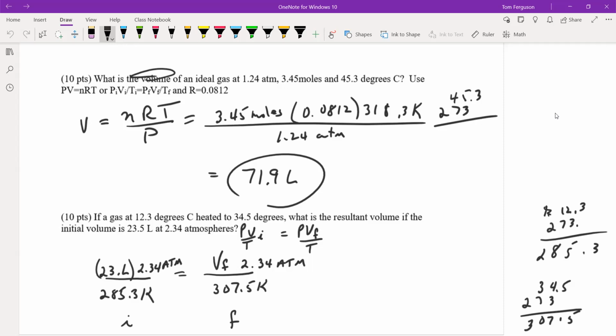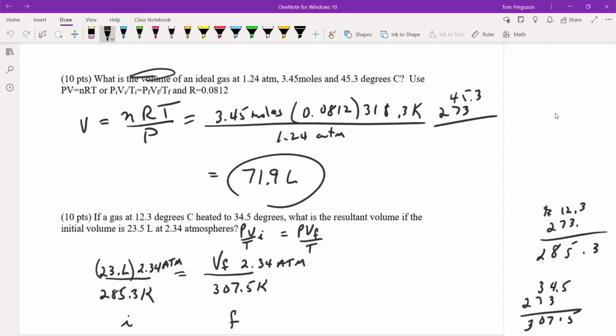Now, how can we simplify this problem? If we divide both sides by 234, the 234s go away. They basically cancel out. So we don't have to worry about the atmosphere. We just have to worry about these two and this guy.